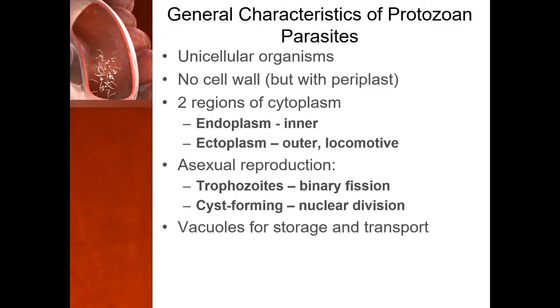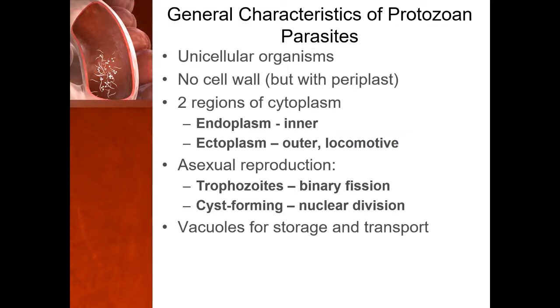General characteristics of protozoan parasites. Generally, the protozoan parasites are unicellular organisms, meaning they only contain a single cell. And they don't have any cell wall, but they have what we call the periplast.